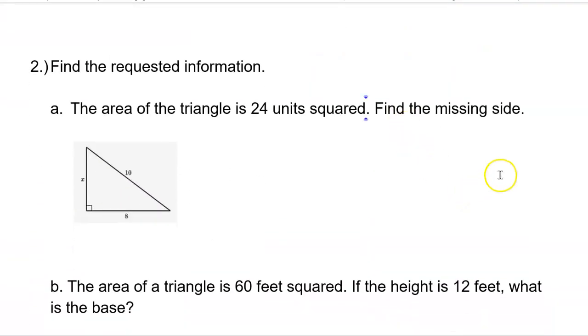Okay, so for 2A, we have the area of a triangle is 24 units squared. Find the missing side. All right, so we have area and we have triangle. Well, the area is 24 units, right? Units squared, that's just the unit. We know that area equals 24, and we're looking for a missing side.